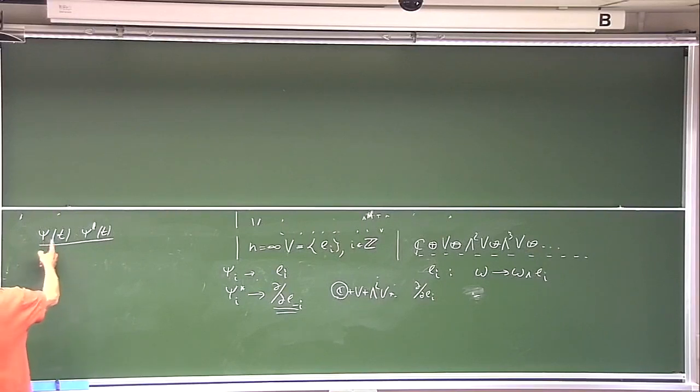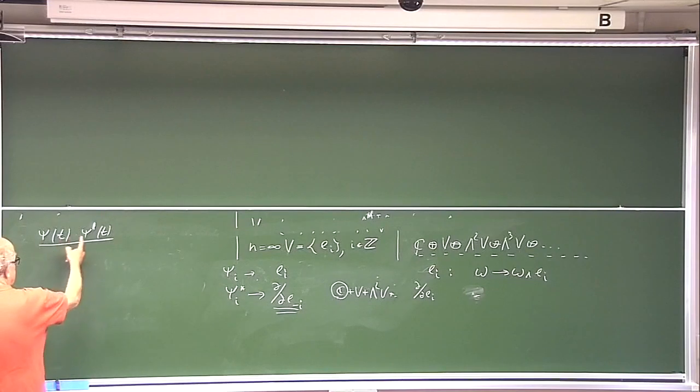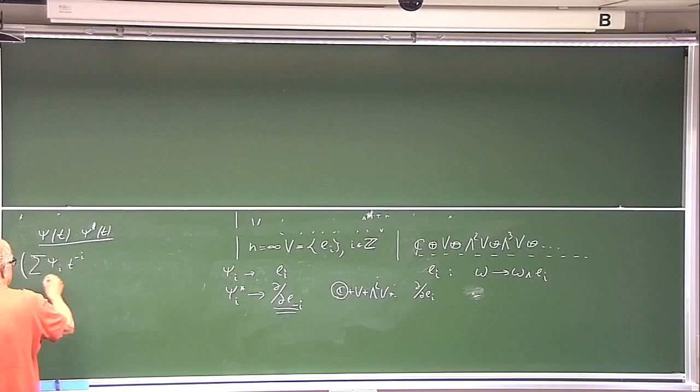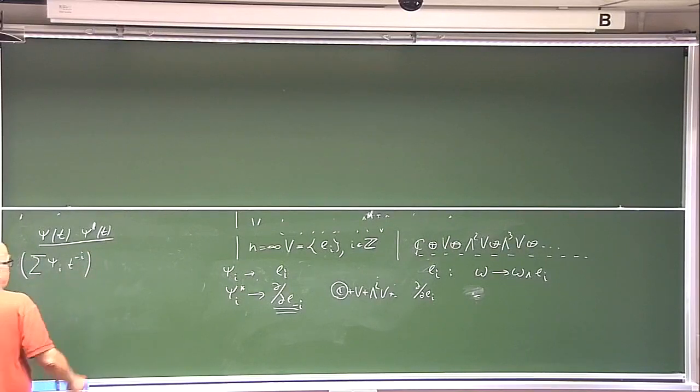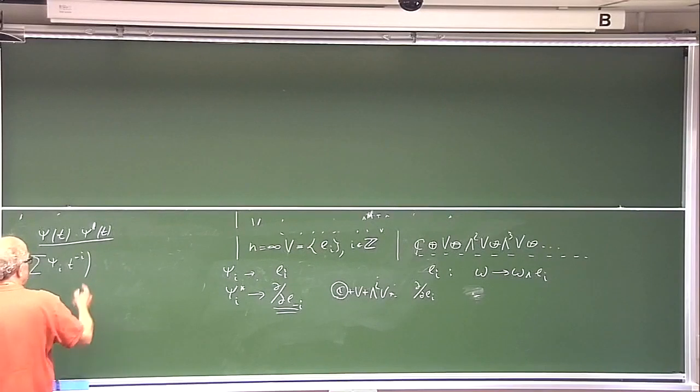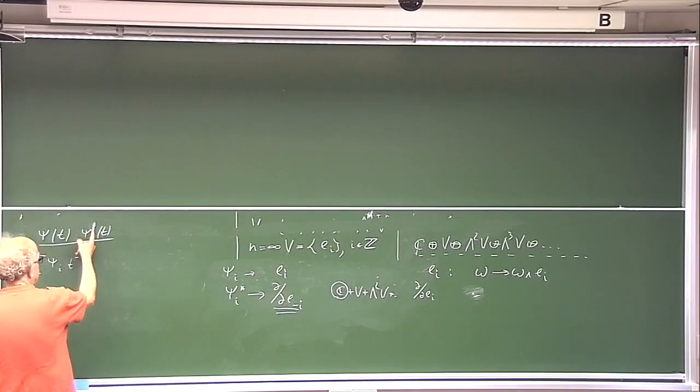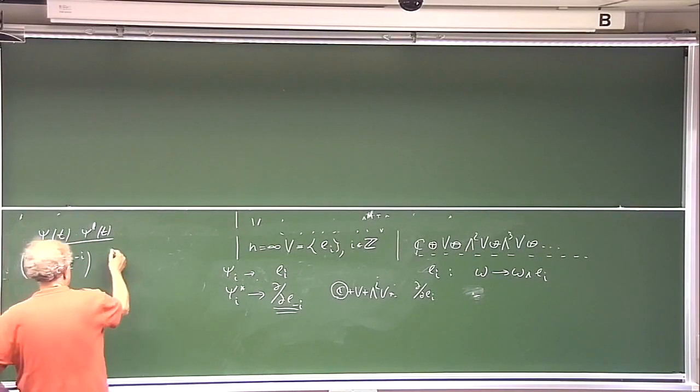If I write down this, let me understand this expression in the following way. First of all, this is what? It is psi_i times t^{-i}. If I write down this, it depends a little bit on how I understand this derivative.